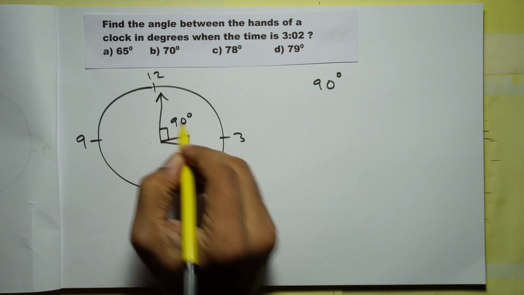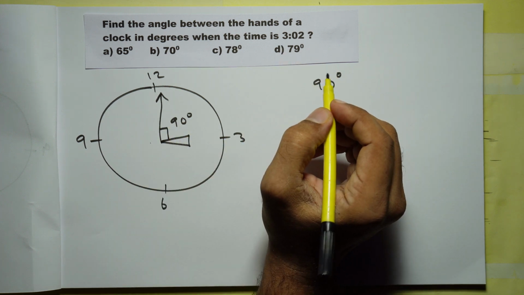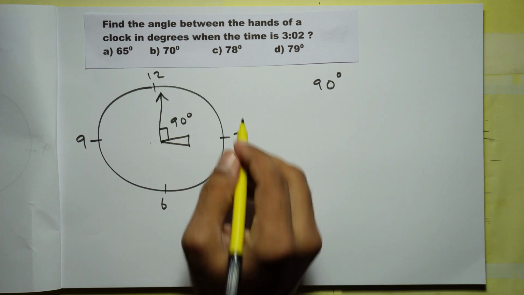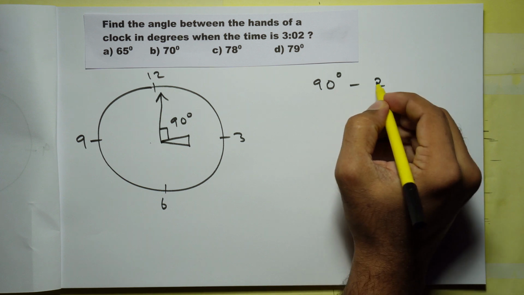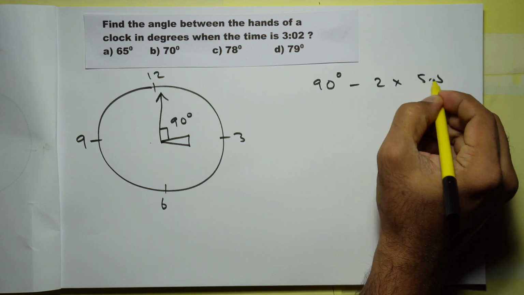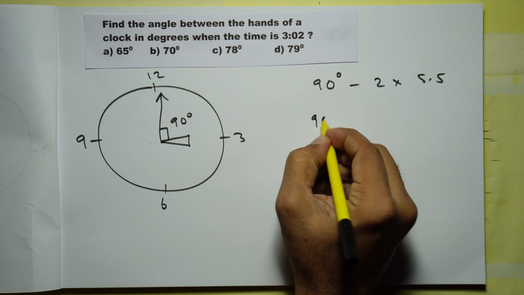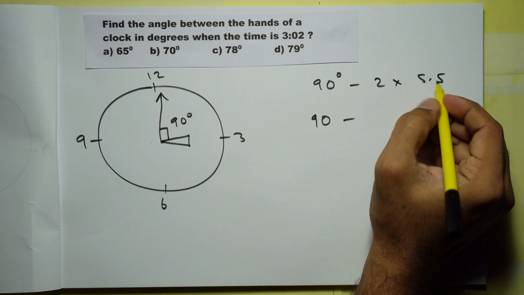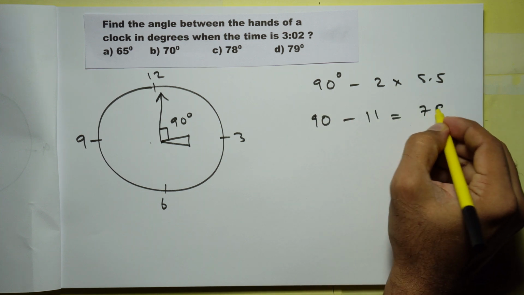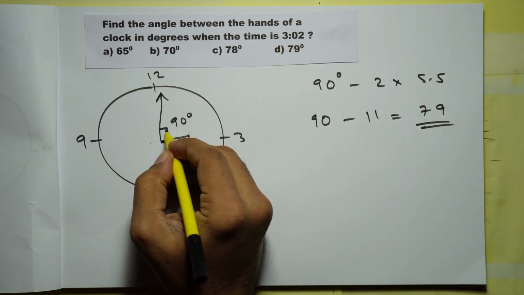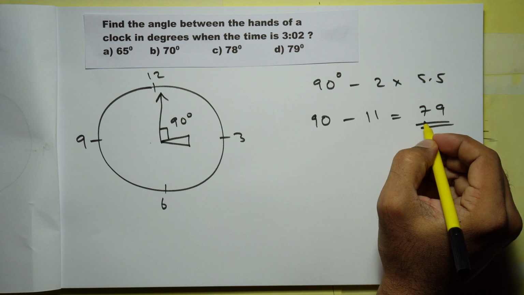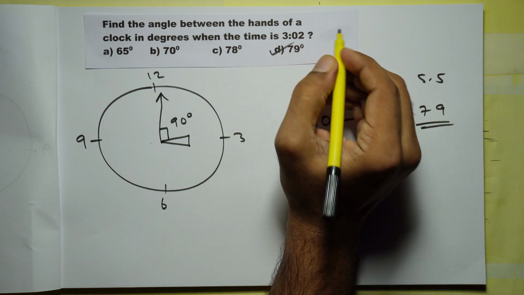So every minute it will decrease by 5.5 degrees, and like that for 2 minutes. From 3 to 3:02 it is 2 minutes. So in 2 minutes it will decrease by 2 into 5.5. So the angle will be 90 minus 2 into 5.5, which is 11. So when the time is 3:02, the angle between the hour hand and minute hand will be 79 degrees. That is option D.